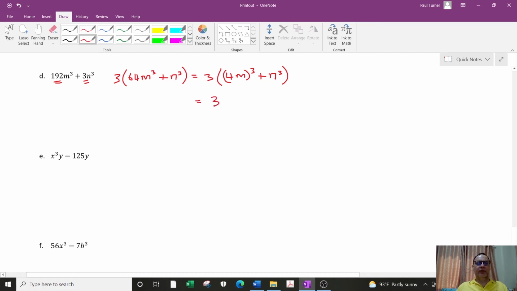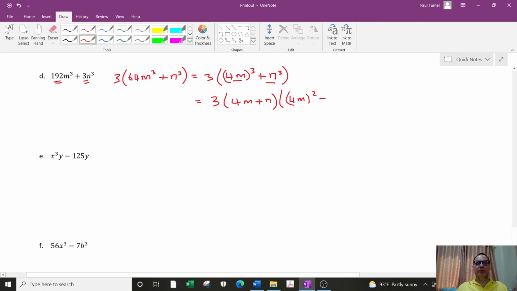So then I've got 3. What would be our first factor? 4m plus n. The same sign as that. So 4m plus n. Then the next part will be 4m squared.